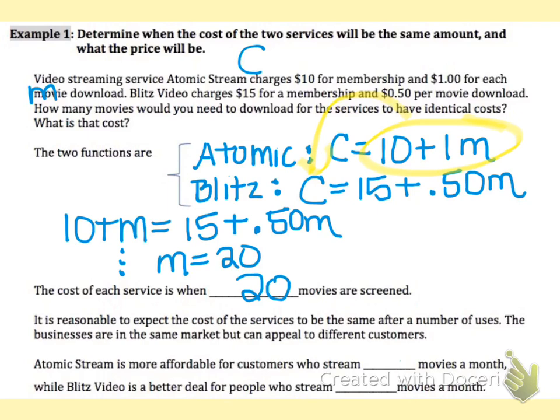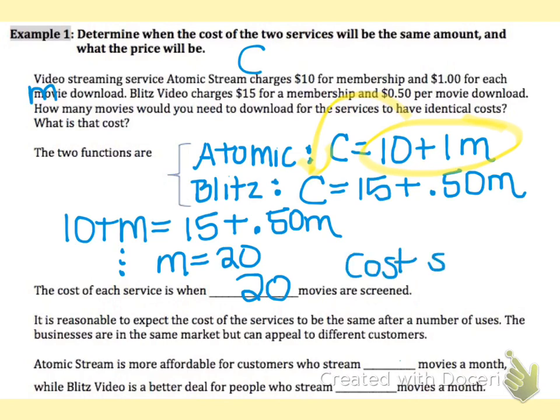And that cost, if I wanted to know what that was, I could just take the 20 and substitute it into either one of the equations. The top one is easiest, so it's 10 plus 1 times 20, which would be $30.